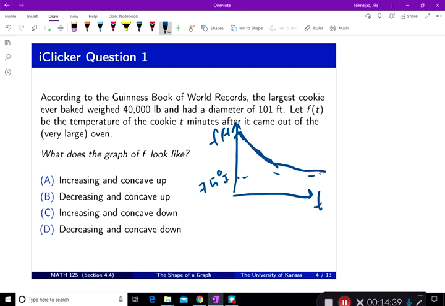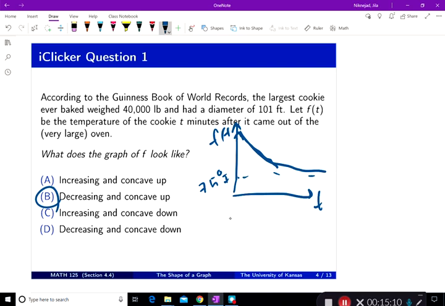But anyway, even not knowing that, I just know that it's not going to be cooler than the room temperature. It's going to kind of bend this way. So it's going to be decreasing, but concave up. And that's B.